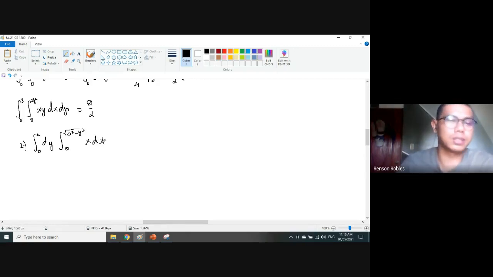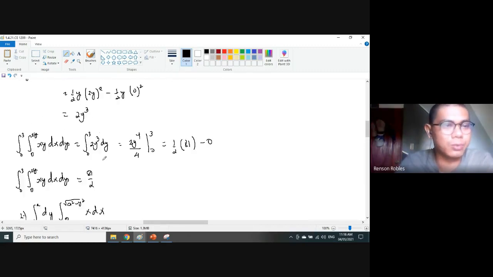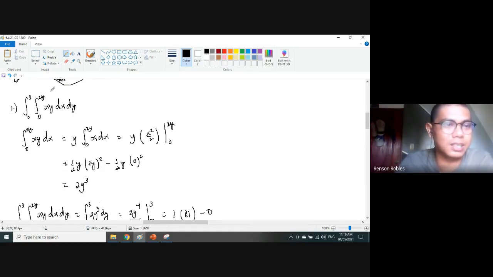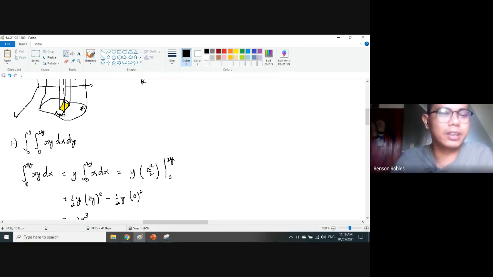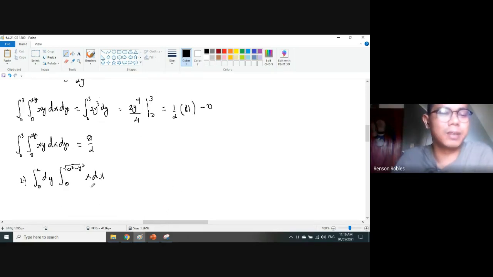So what are we going to do first? When the multiple integral is written of this form, you start at the inner part. Kapag ganito naman, you can see that the dx and the dy are separated. Unlike here, they go along together, side by side. Ito naman, they are separated.